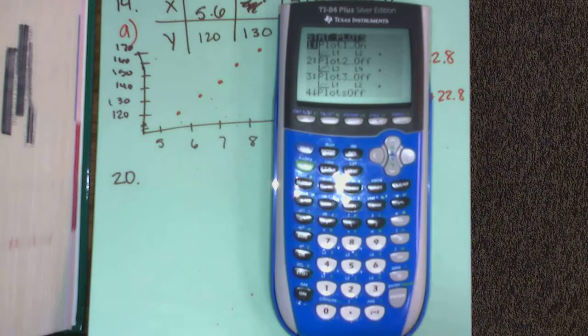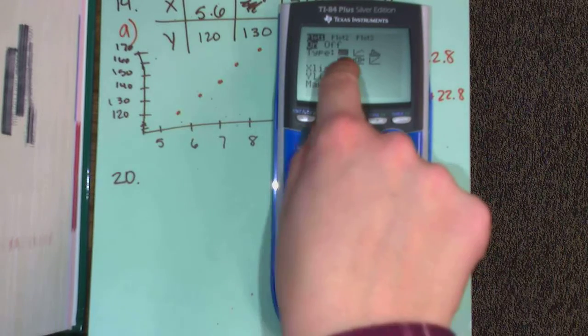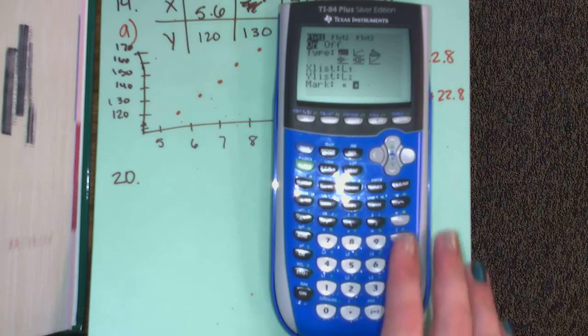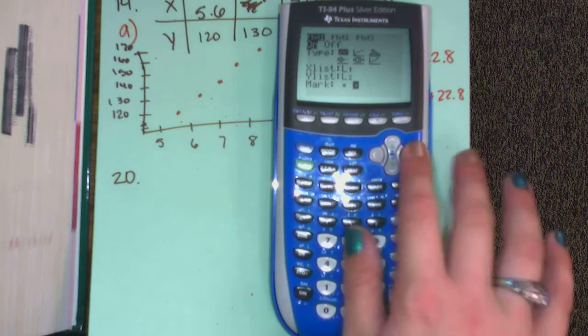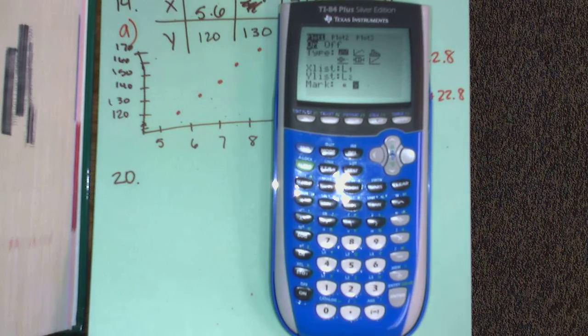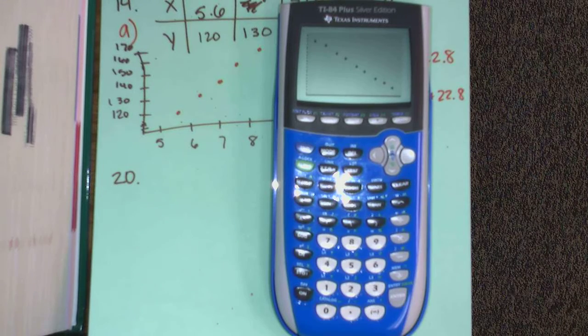Second stat plot. Make sure the first one's on, or whatever one you're using. And then select the one that's the scatter plot. X list, Y list. Choose your favorite mark, and then what? Zoom, and then what? Zoom 9, which is zoom stat.